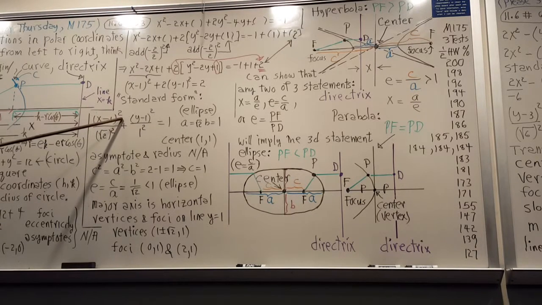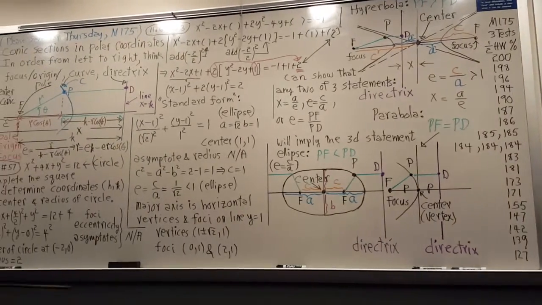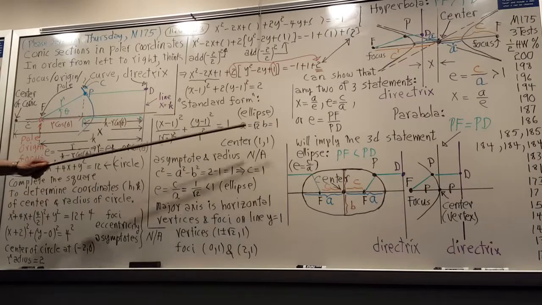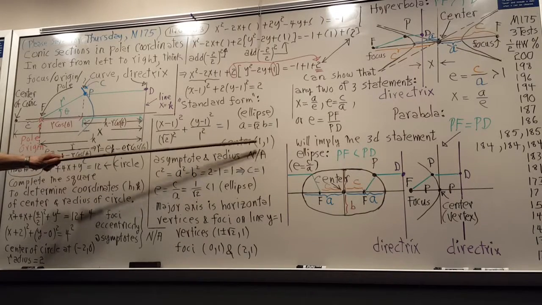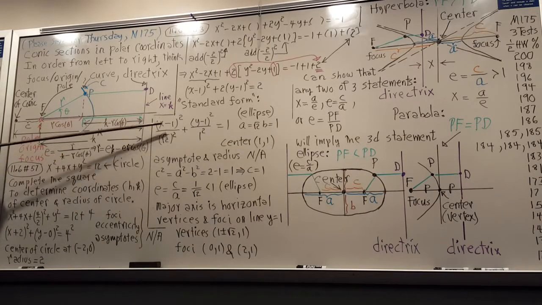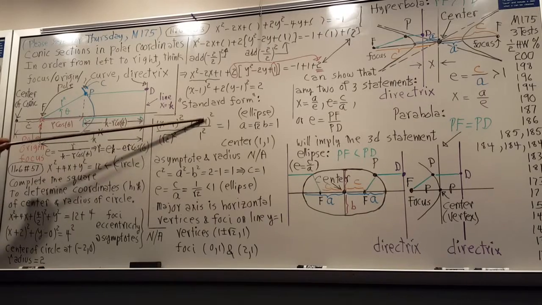Okay, the plus tells you it's an ellipse. The larger denominator is the a, so that's the square root of whatever this denominator would have been, which is root 2, which is larger than the b, which is 1. So the a is root 2, and the b is 1, and the center then is at 1 and 1.